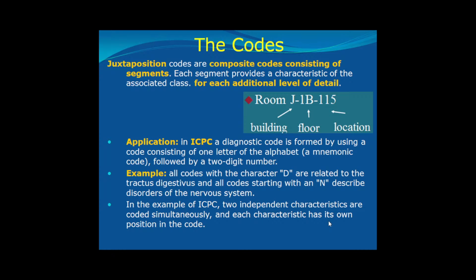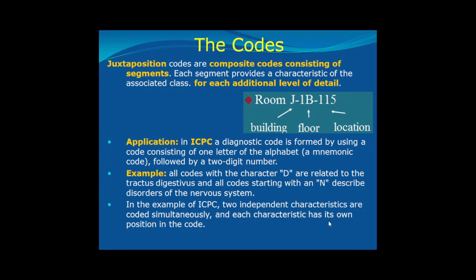In ICPC, a diagnostic code is formed by using a code consisting of one letter of the alphabet, a mnemonic code, followed by a two-digit number. For example, all codes with the character D are related to the Tractus Digestivus, and all codes starting with capital N describe disorders of the nervous system.